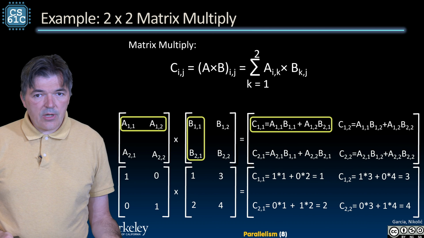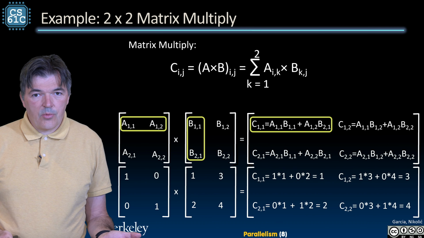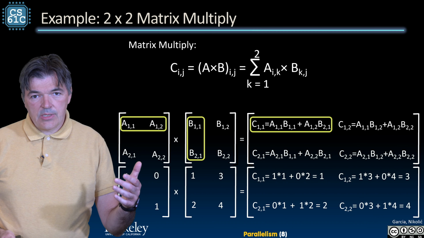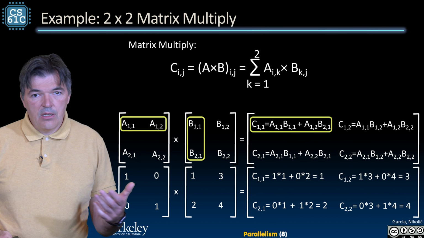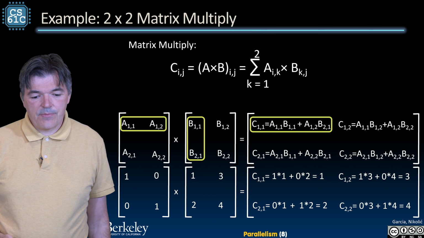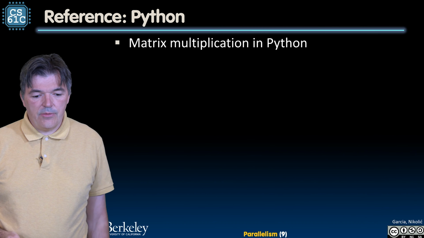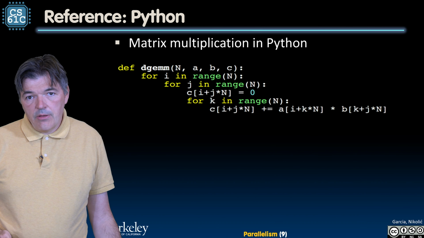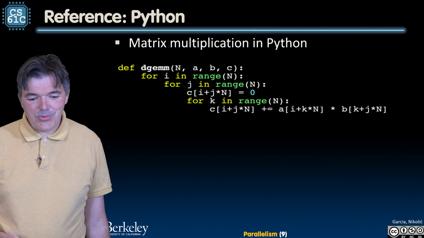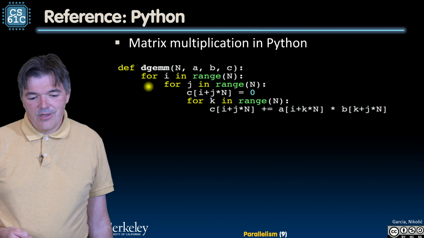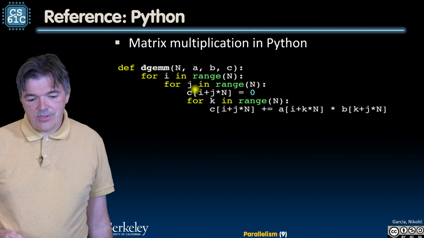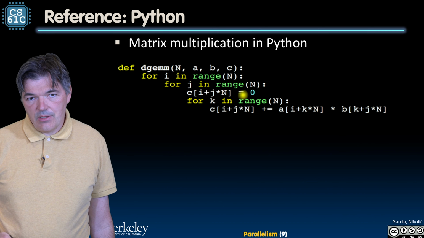When we write a program, this is essentially a triple loop. We are going to walk over all the elements i, j, and k in 3 loops. Let's take a look at the implementation in a familiar language like Python. So matrix multiplication in Python essentially implements those 3 loops. We walk coefficients i and j within their range.